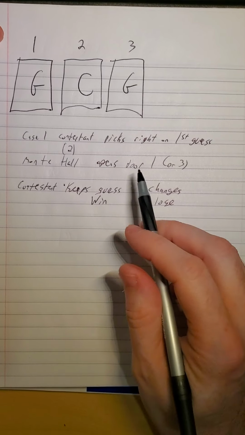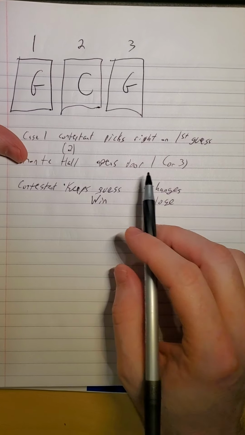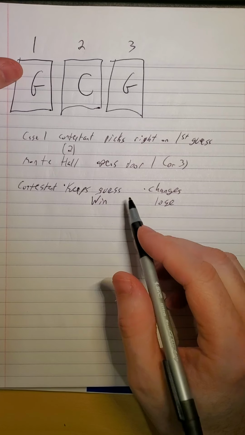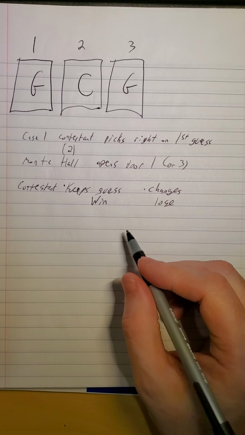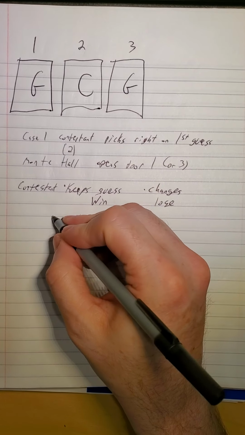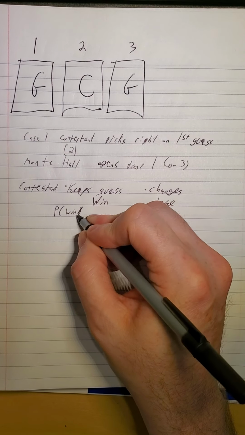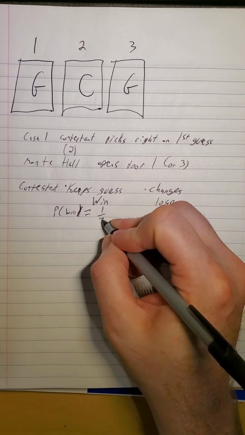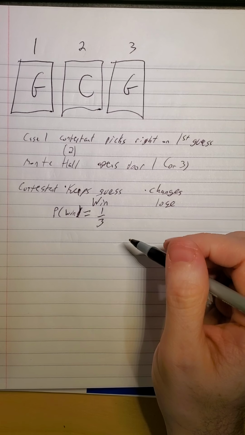So on this one, if the contestant is ignoring what Monty Hall shows them and just keeping their original guess, the probability of a win is just based on the likelihood of their guessing it the first try. Probability of a win, 1 correct door out of 3 doors if we're ignoring Monty Hall.